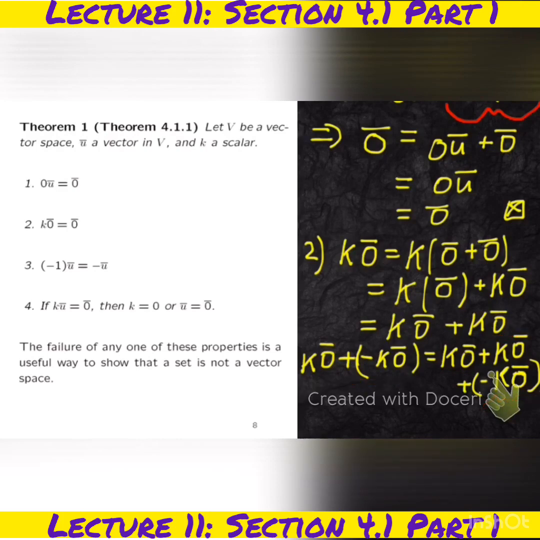So that becomes the 0 vector on the left, and on the right we've got a vector added to the 0 vector, and we know a vector added to the 0 vector is just the vector. So that takes care of this property here.